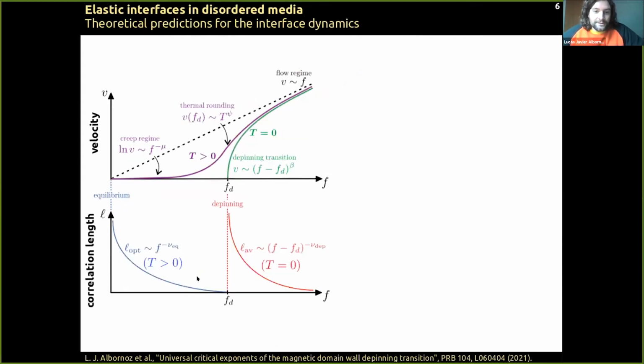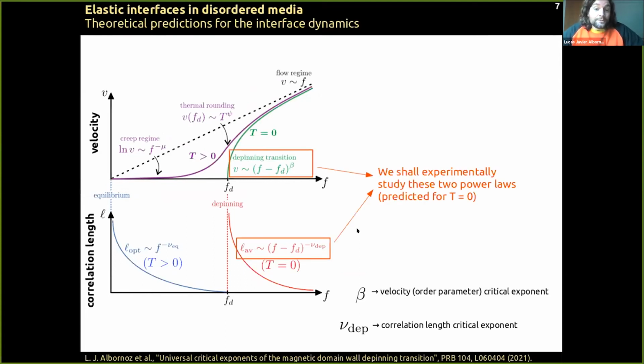This correlation length diverges at the depinning transition, and this divergence is characterized by another critical exponent, this one. In this work, we experimentally study these two power laws and quantify these two critical exponents.